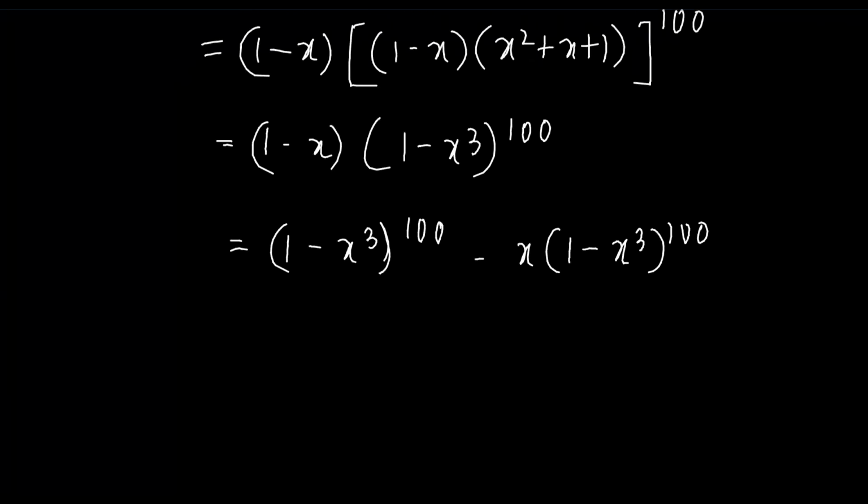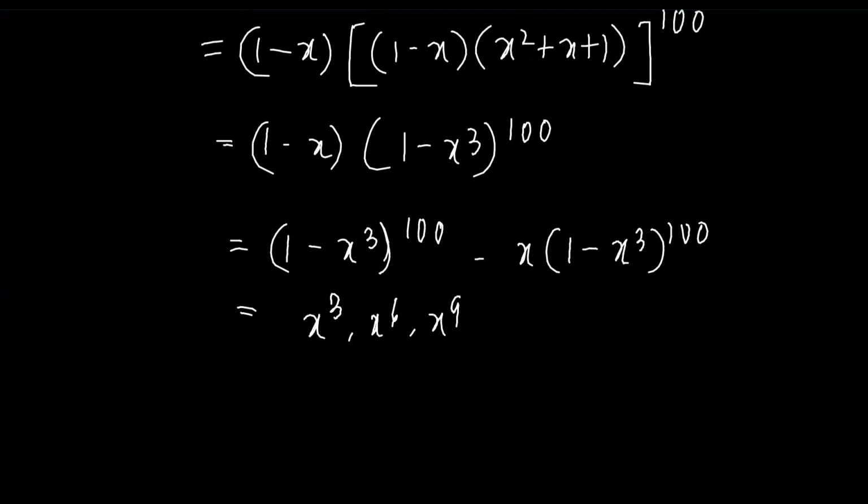Okay, now is it possible for us to get the coefficient of x to the power 256 from this expression? Of course not, because here the powers of x we will get are x to the power 3, x to the power 6, x to the power 9, and so on.